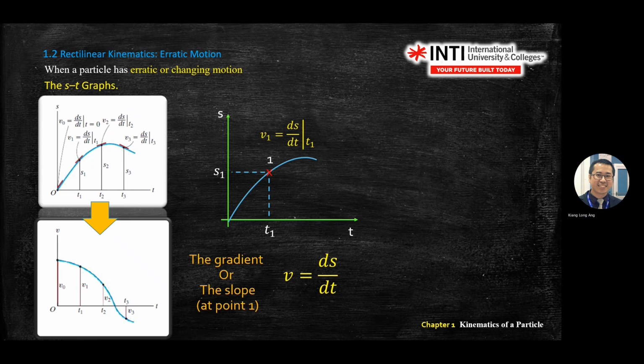From the ST graph, you can get the VT graph. You can transform all the points on this blue line on the ST graph into velocity. Makes sense? Okay.